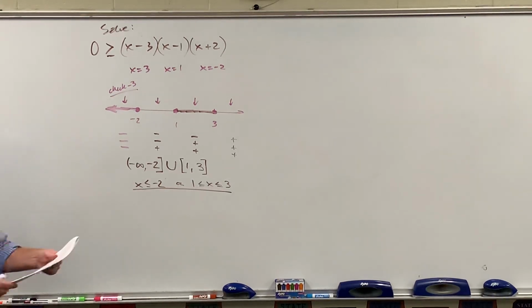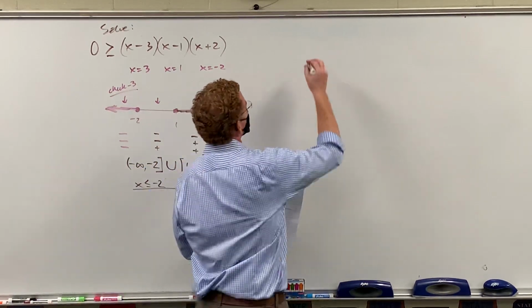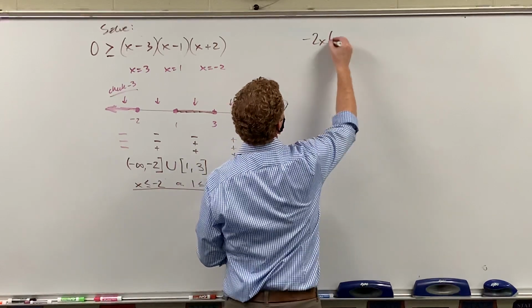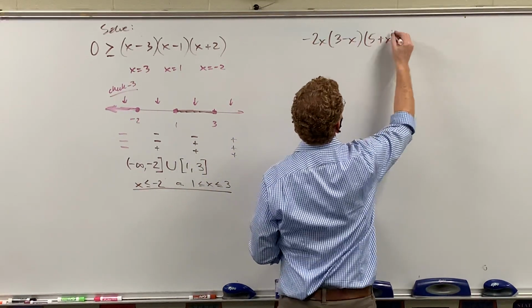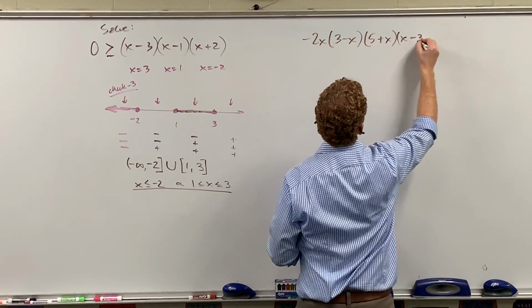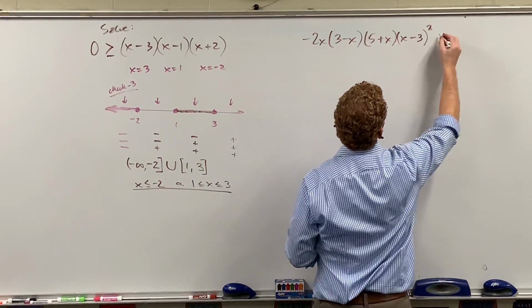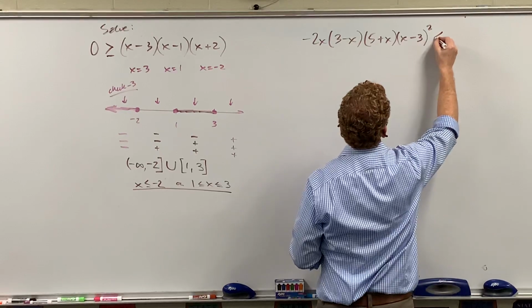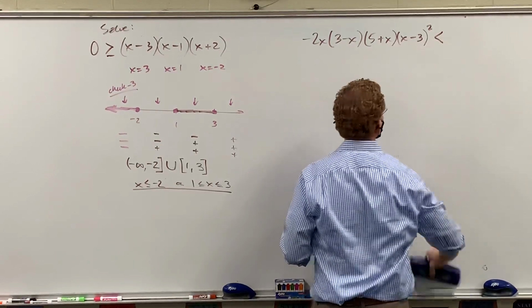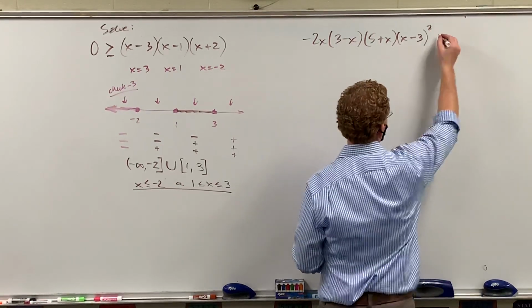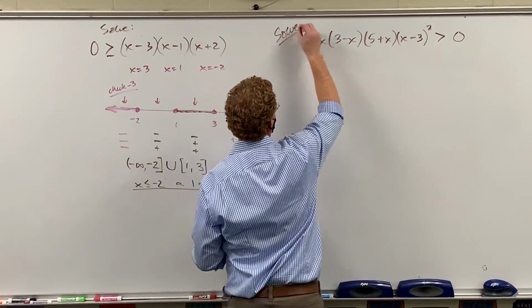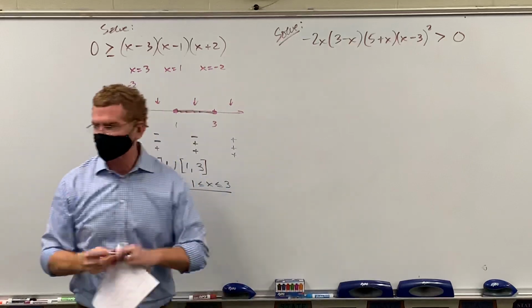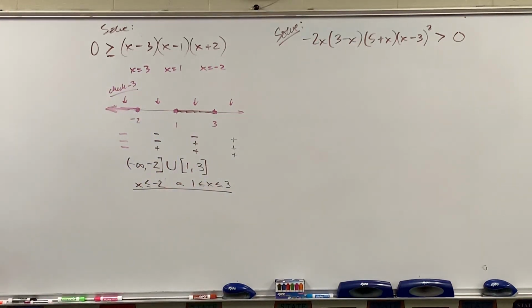All right, what if I throw you ugliness? And I say solve. Now, fortunately, it's already factored for us. And I'm asking you to find out where it's greater than.